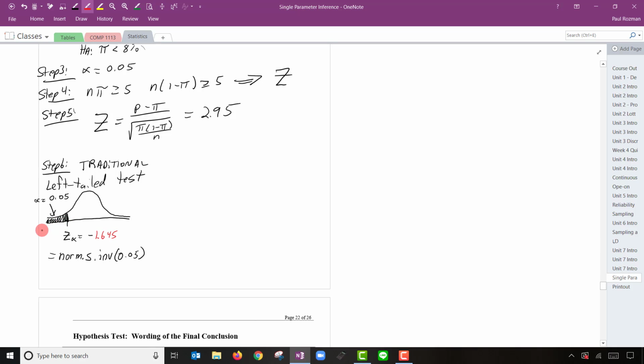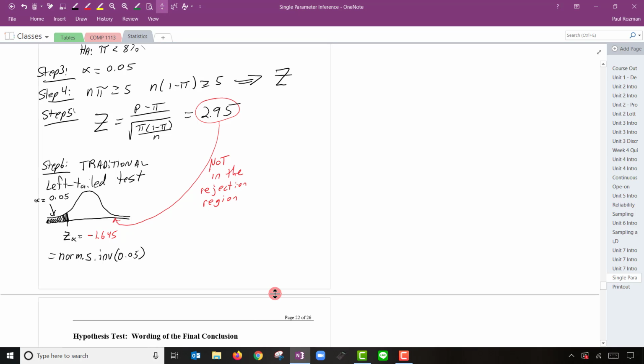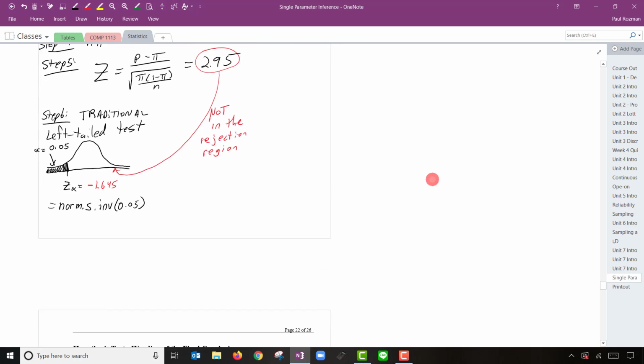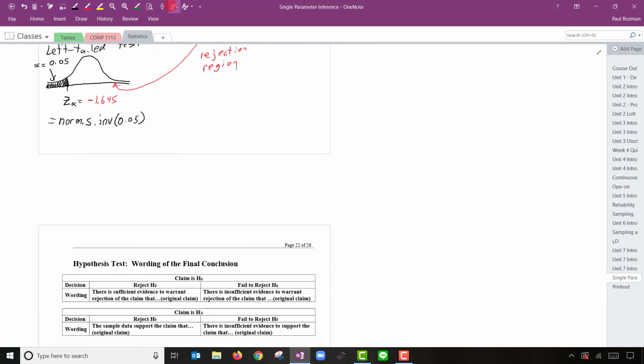Anything to the left of negative 1.645 is weird. Our value is not there. It's way up here. It's not in the rejection region. So you know what our conclusion is going to be here.